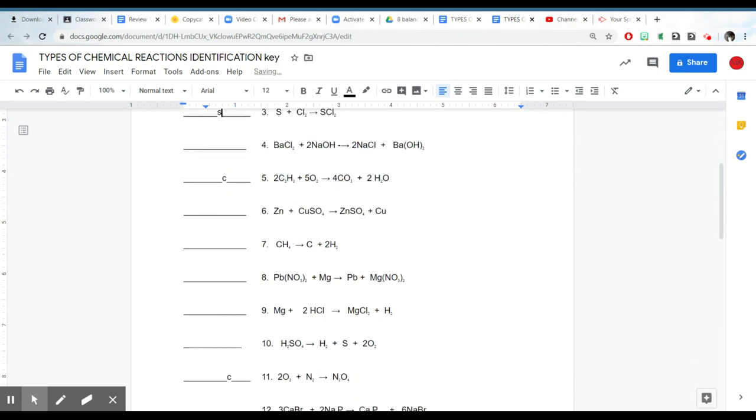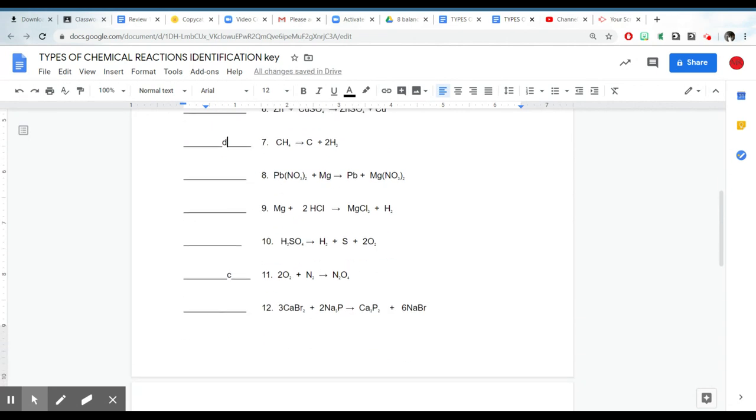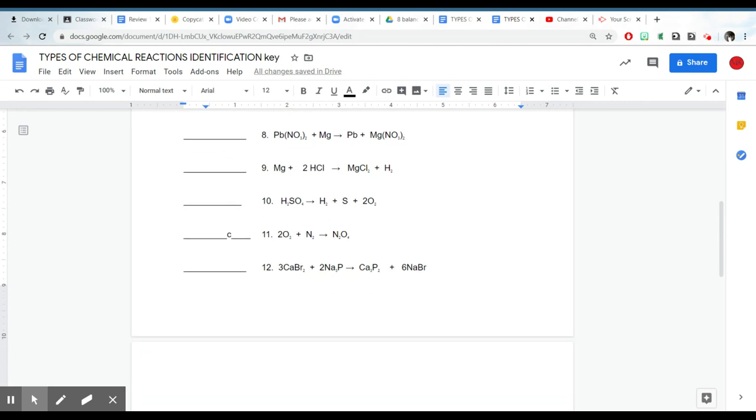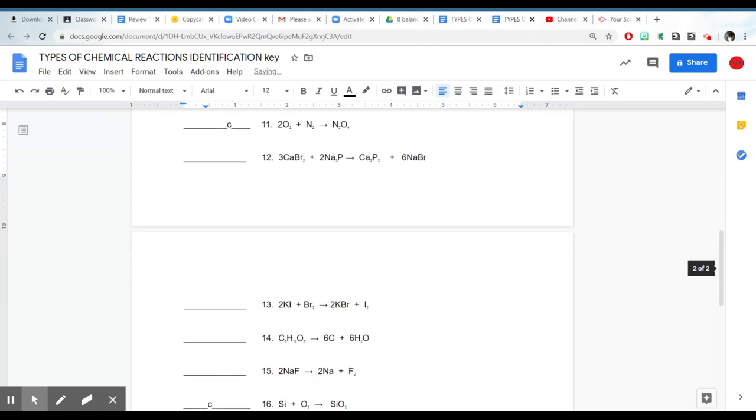So let's keep looking down. Number 6, I have two and two. That's not something I want. Here I have one thing breaking apart, decomposition. Two and two for 8, two and two for 9. Here I have one reactant breaking apart, that's decomposition.